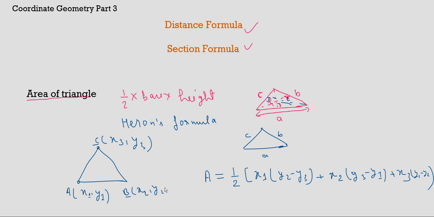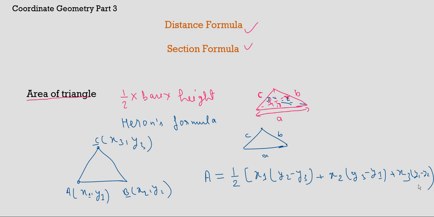Now look at the ordinates of the remaining points B and C: y2 minus y3. Then put a plus sign, thereafter x2, again forget this y2 and look at the remaining points C and A. So y3 minus y1, and the same logic goes with x3.